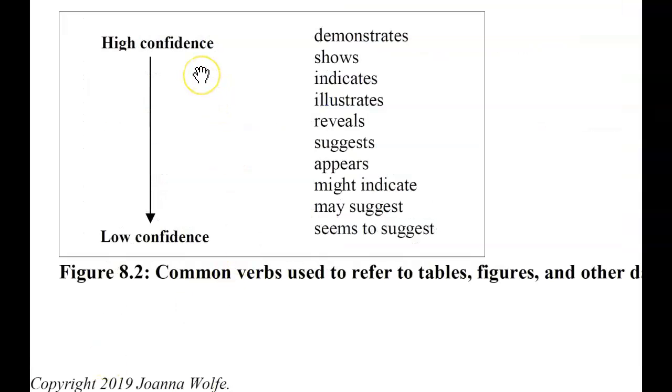When you are describing your results, you should use a verb that indicates your level of confidence in those results. So strong verbs that demonstrate high confidence include demonstrates, shows, indicates. Verbs that reveal less confidence include suggests, appears, or even very little, low confidence, may suggest, seem to suggest.